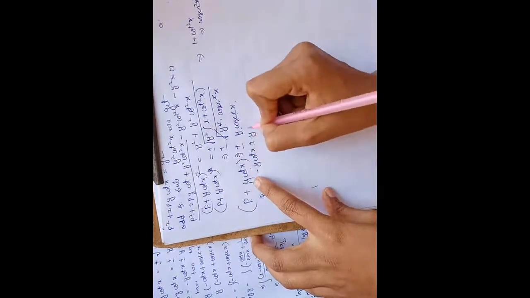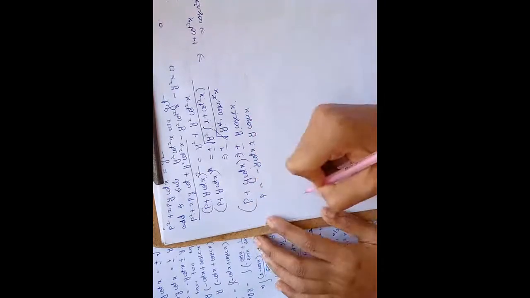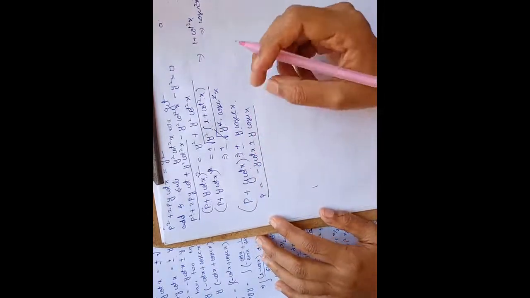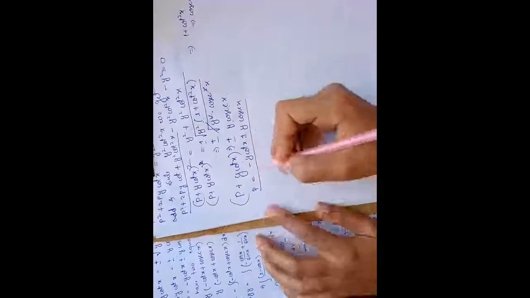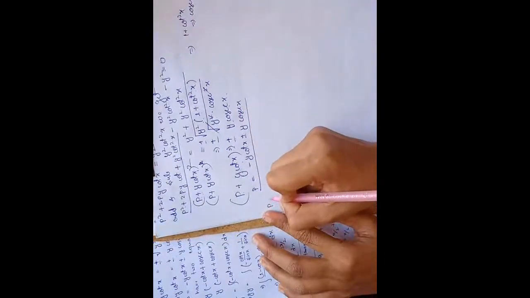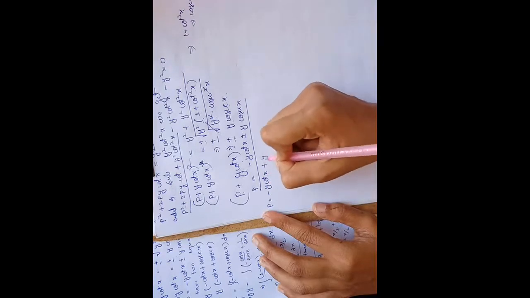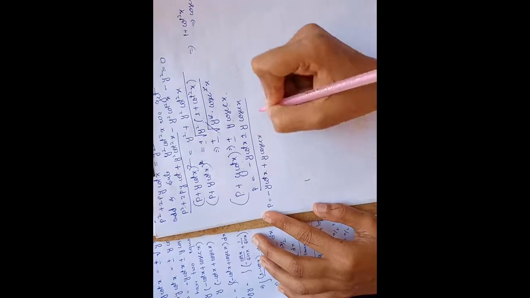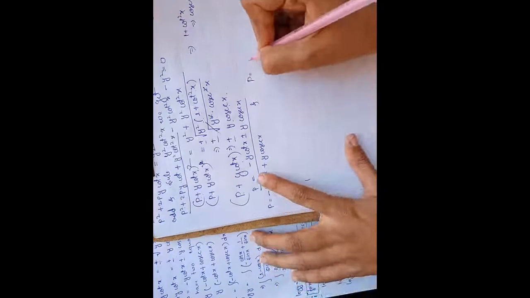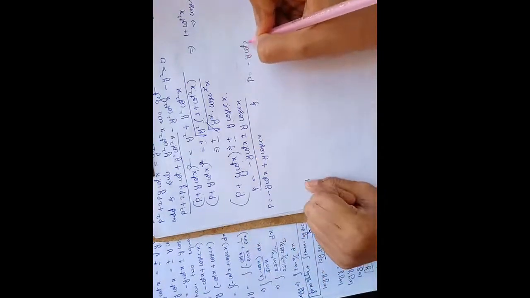Okay, so now we get the two equations. First, p is equals to minus y cot x plus y cosec x, and the second, p is equals to minus y cot x minus y cosec x.